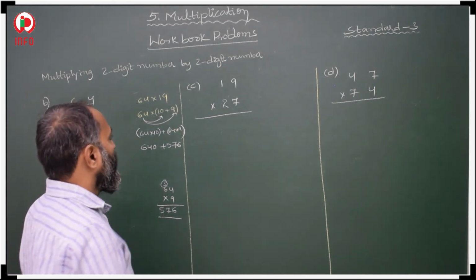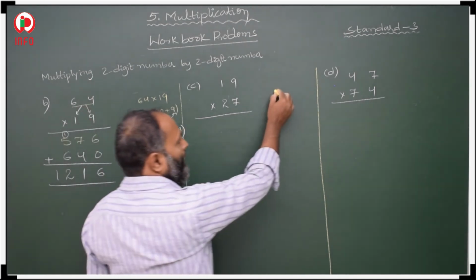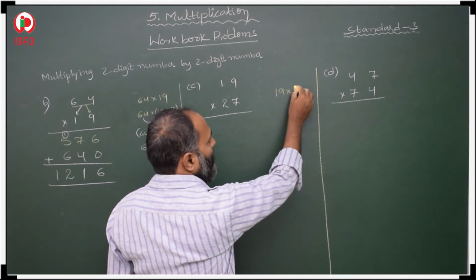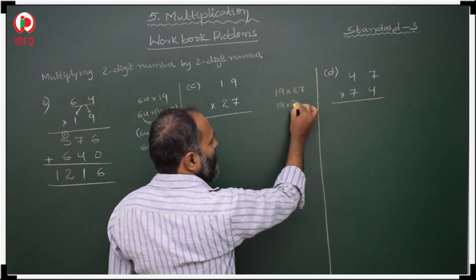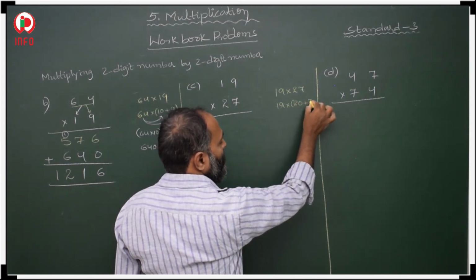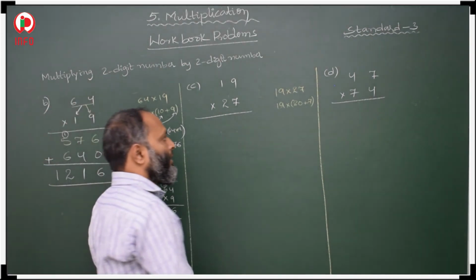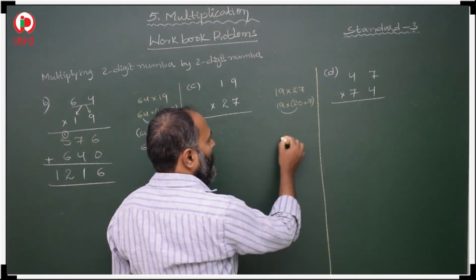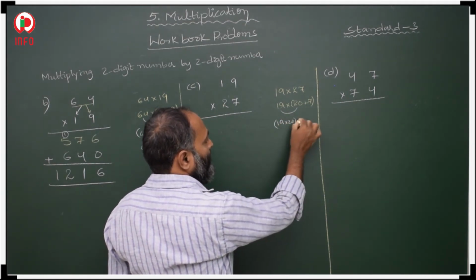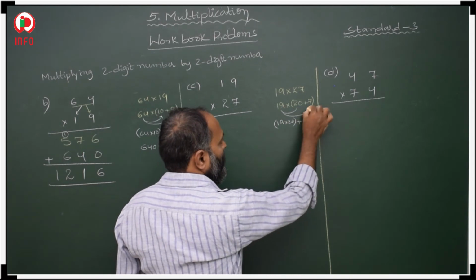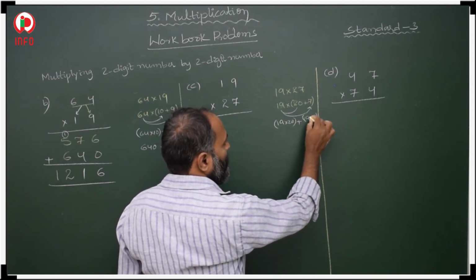Now here 19 with 27. 19 multiplied by 27. 27 means 20 plus 7. According to our distributive property, 19 into 20 plus 19 into 7.